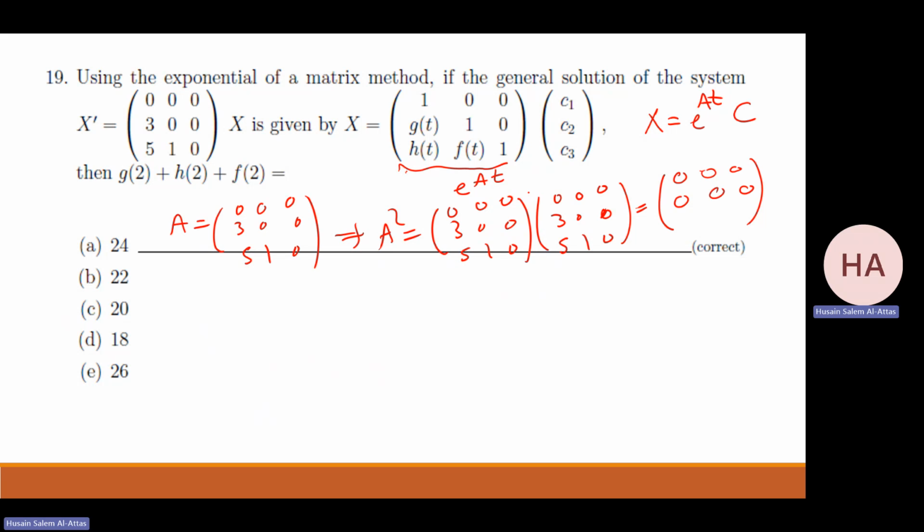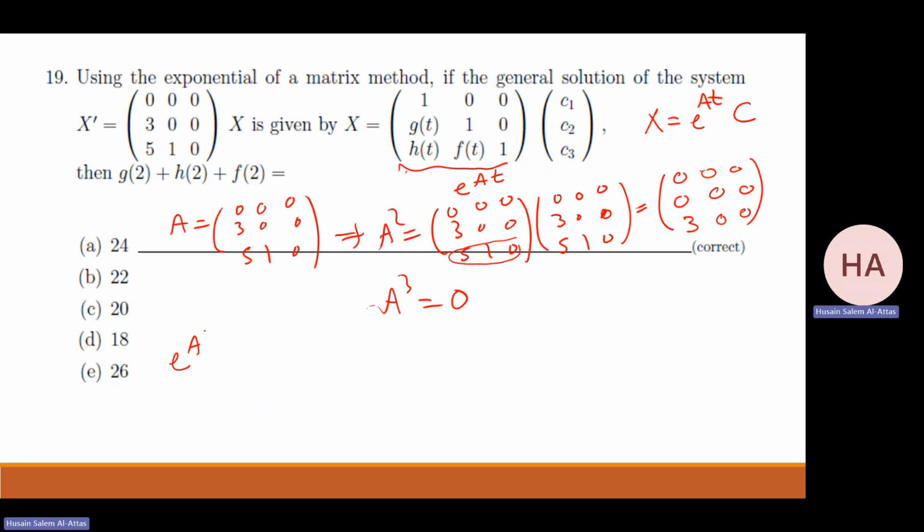Now we need to be careful. 5 times 0 plus 3, that will be 3. This times this will be 0 still, and the last one will be 0. Now A cubed will be 0. You can check it; we did something similar before.